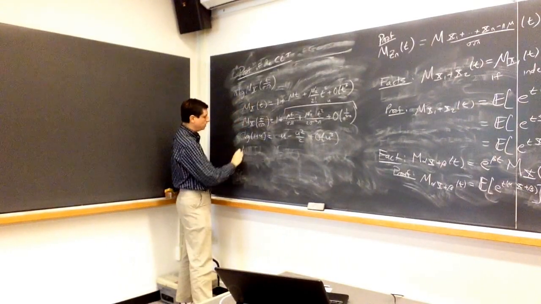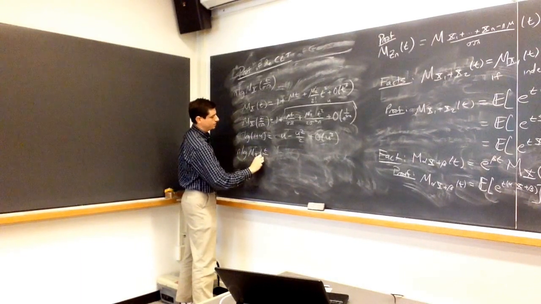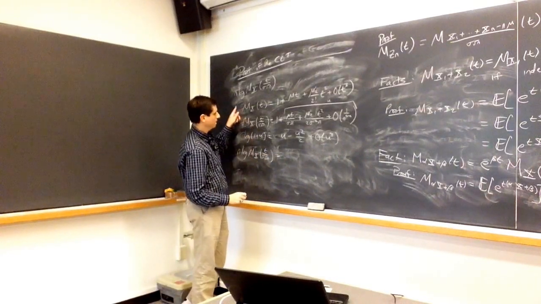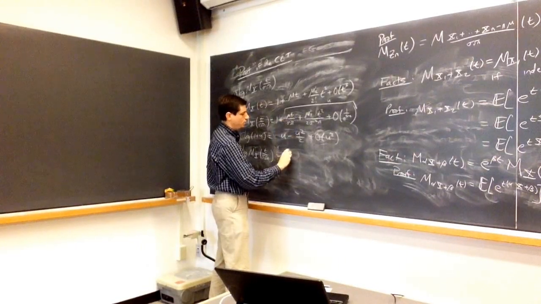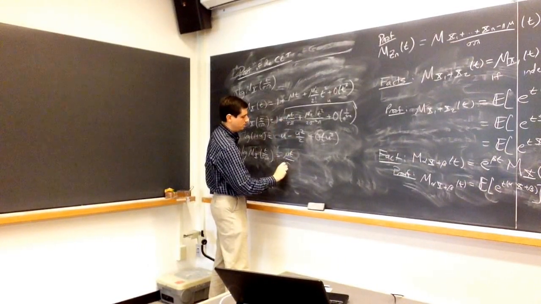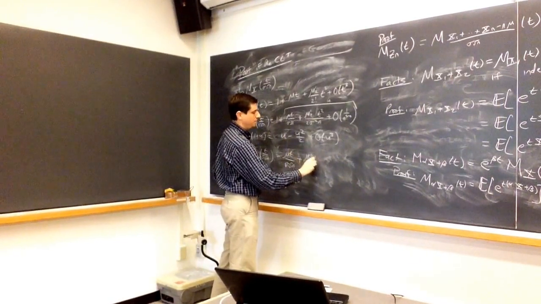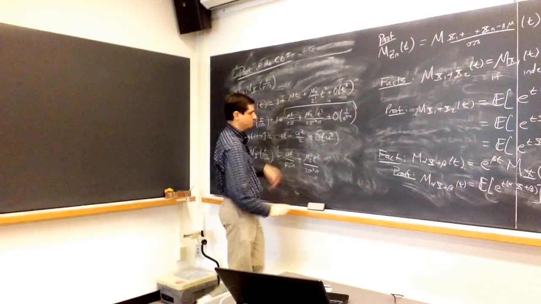So we get n log of mx of t over sigma root n is going to be u. So it's going to be mu t over sigma root n plus mu 2 prime t squared over 2 sigma squared n.